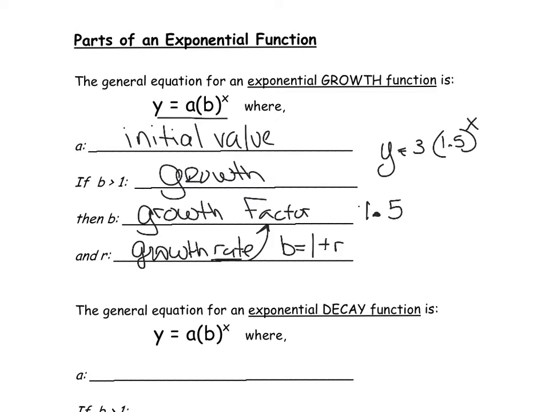And if your factor is 1 plus your rate, well, if I take my b and subtract 1, that'll give me my rate, right? So my rate on this one would be 0.5. Okay? Your factor is the whole thing, and your rate is your factor minus 1.